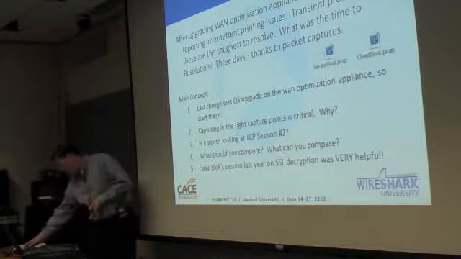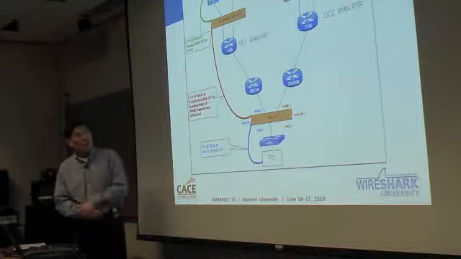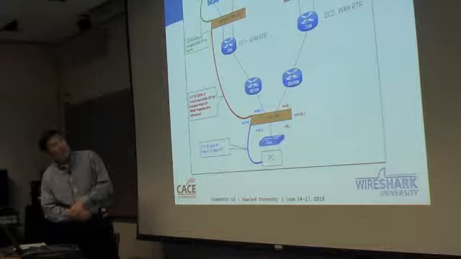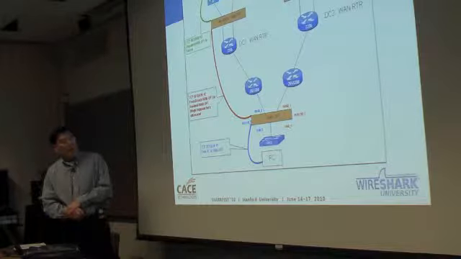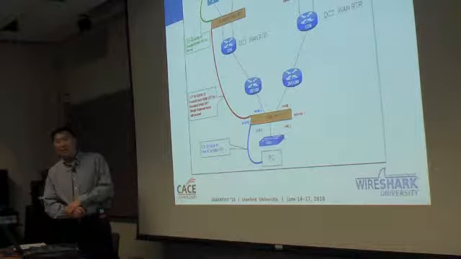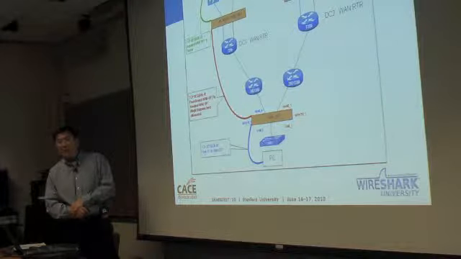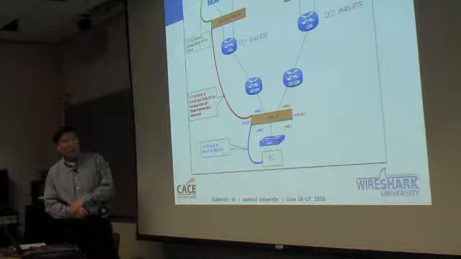It means that in WAN acceleration, there are different ways to do this, and this is an old diagram, you can tell it's 7206s and 2651s, 2950s. But here's a PC, it goes to a switch, hits the branch-side WAN optimization box, and that's where the TCP terminates. It proxies the TCP connection, so as far as this guy is concerned, he's really talking to here.